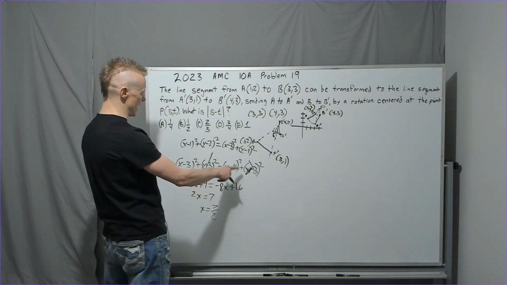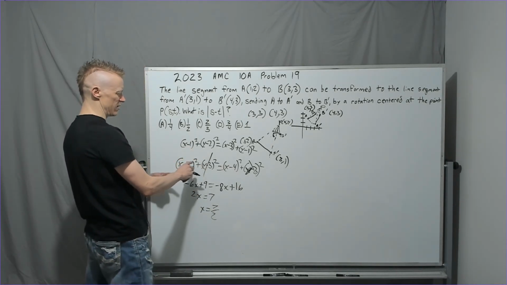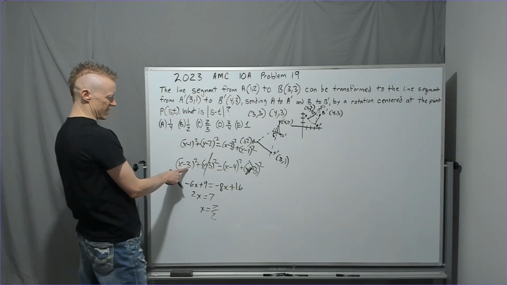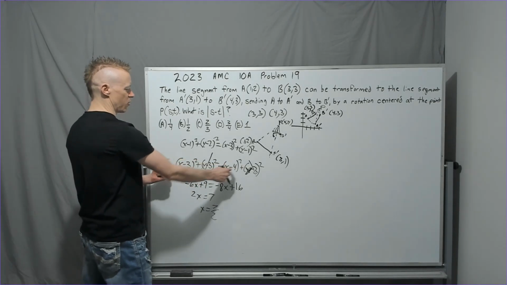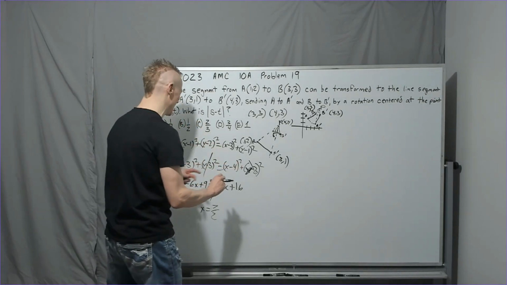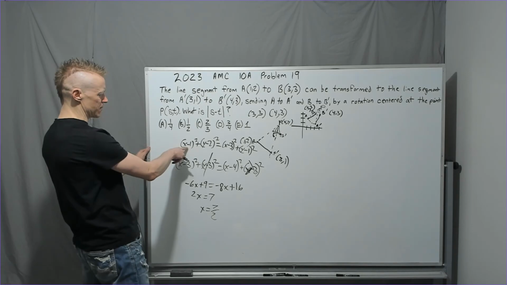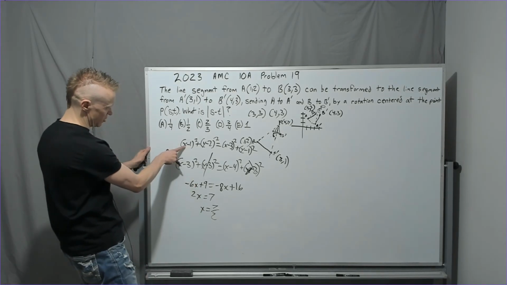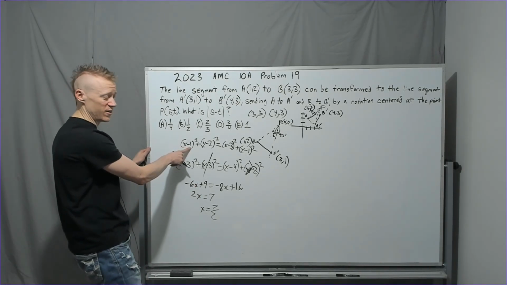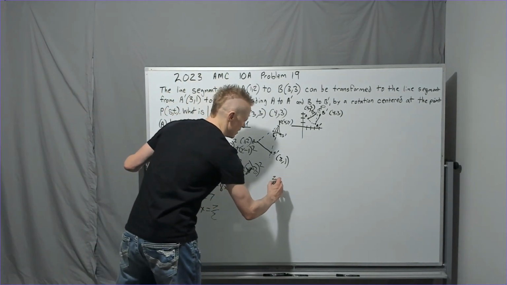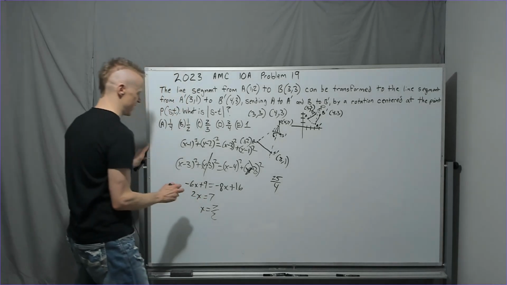Now we're going to take that and plug it into, it doesn't really matter, this equation right here. 3.5 minus 3 is a half. Yep, it's a half. Half squared on both sides. All right, just my brain still doesn't want to let go. It thinks something's wrong. So I'm going to take this x and plug it in here. 7 over 2 is 3.5 minus 1 is 2.5. 2.5 squared is 6.25. Or you could say 25 over 4, same thing.